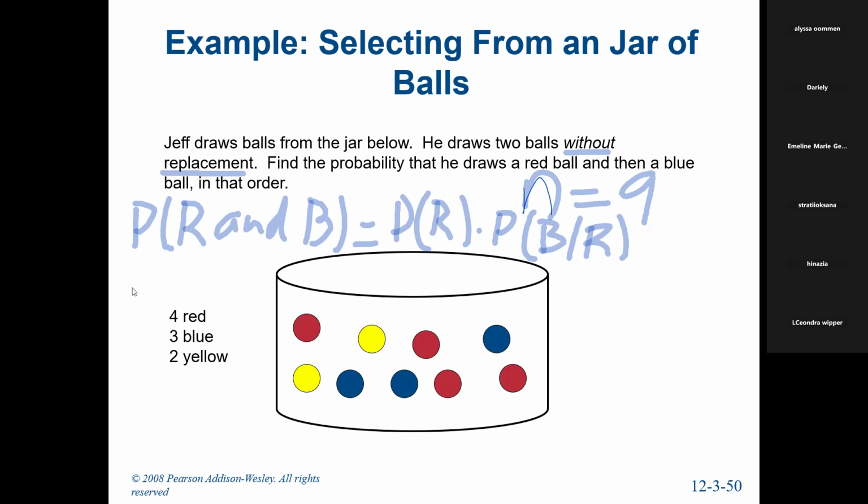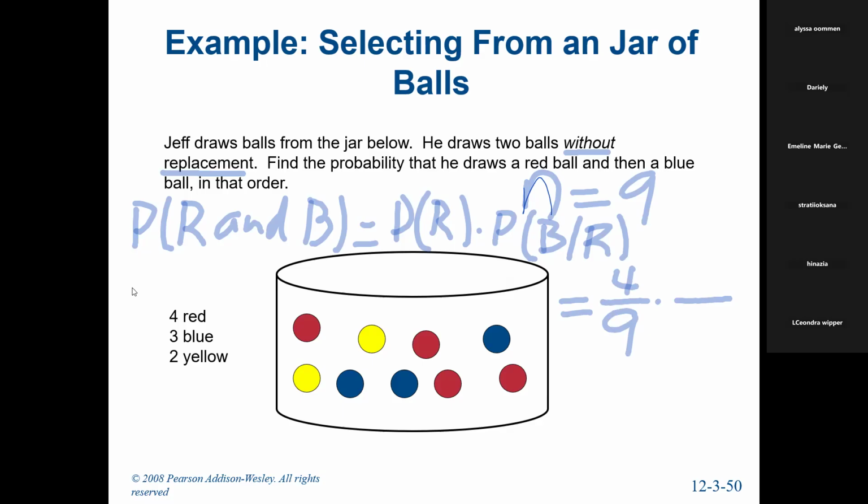Very simple here. How many red balls do you have? 4. 4 over what? 9. This is the red ball, right? Times the second ball is a blue ball.